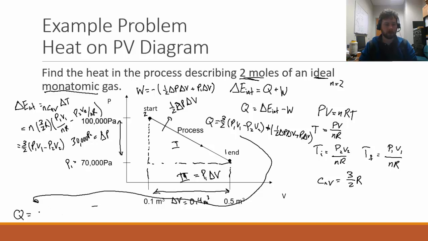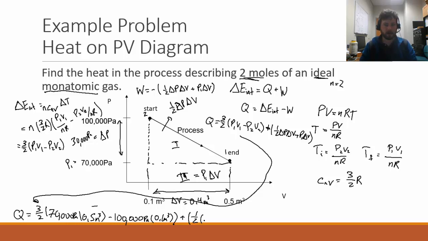So Q is equal to 3/2 times the first pressure P1, which is 70,000 pascals, times V1, which is 0.5 cubic meters, minus the other pressure, 100,000 pascals, times the other volume. That part is the change in internal energy. Let's add the work part here.